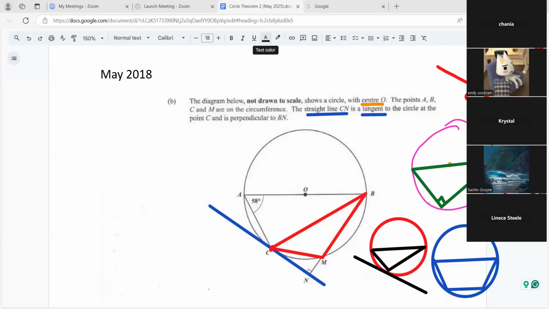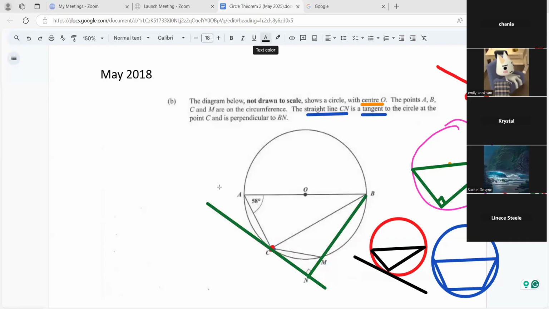Okay, it looks something like this. Okay, that's all they said. They said, and it's perpendicular to BN. Okay, so they already give us a 90 degrees with this perpendicular stuff they're talking about. So if we, oh my, yeah, this line, this tangent, and this other line here, it's perpendicular.